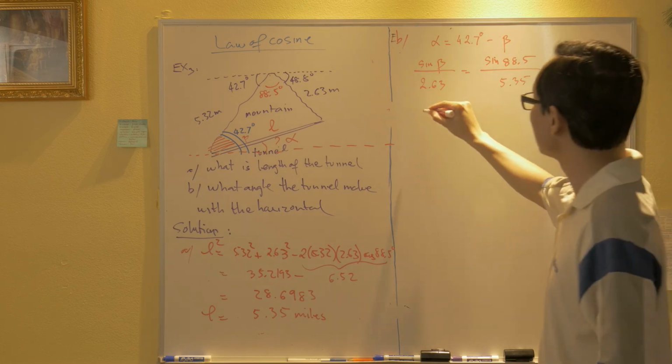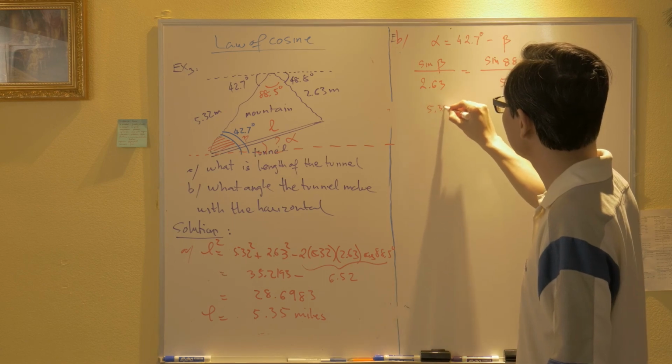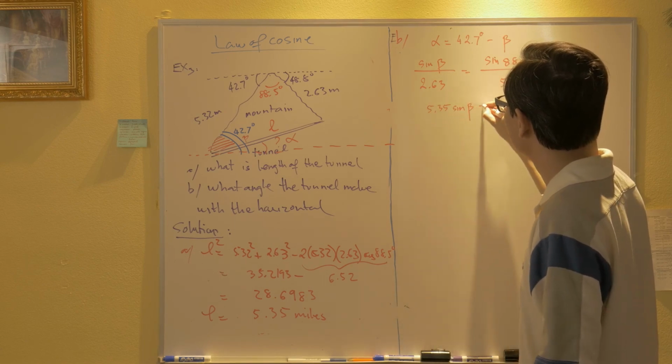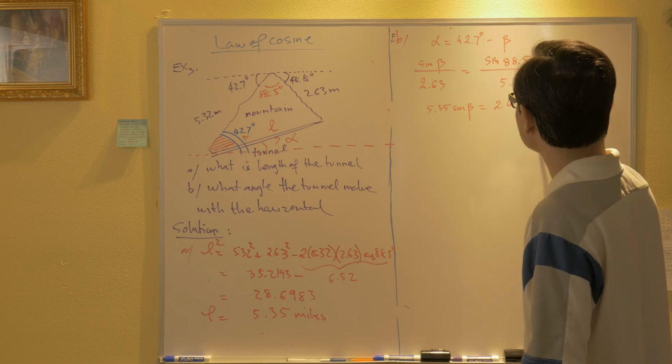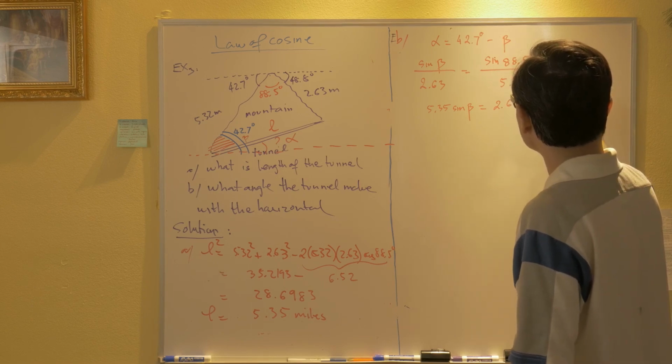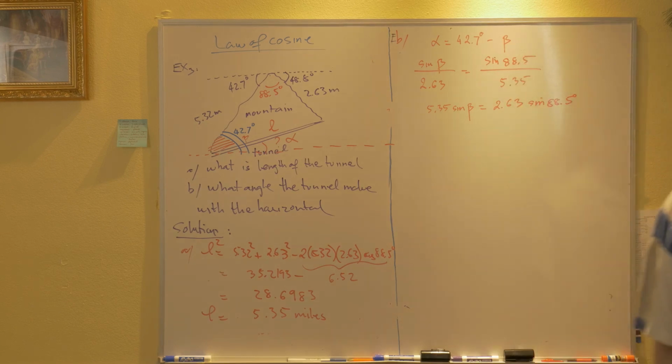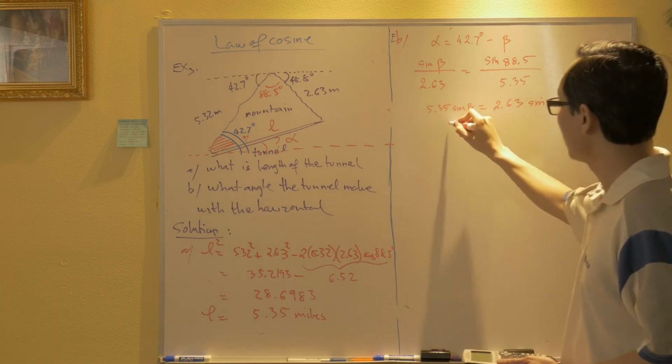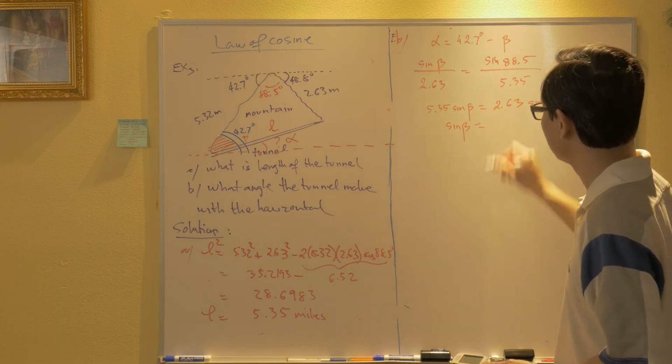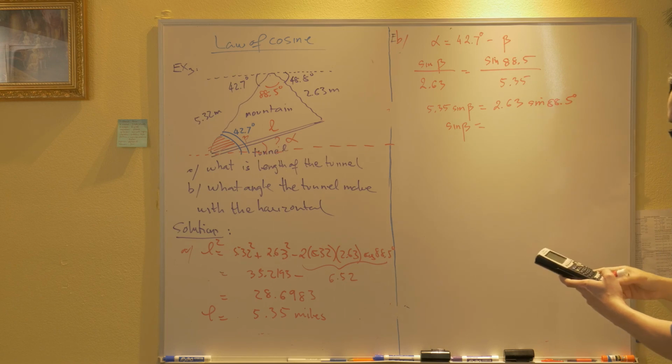Then you can find sine beta easily: 5.35 times sine beta equals 2.63 times sine of 88.5.